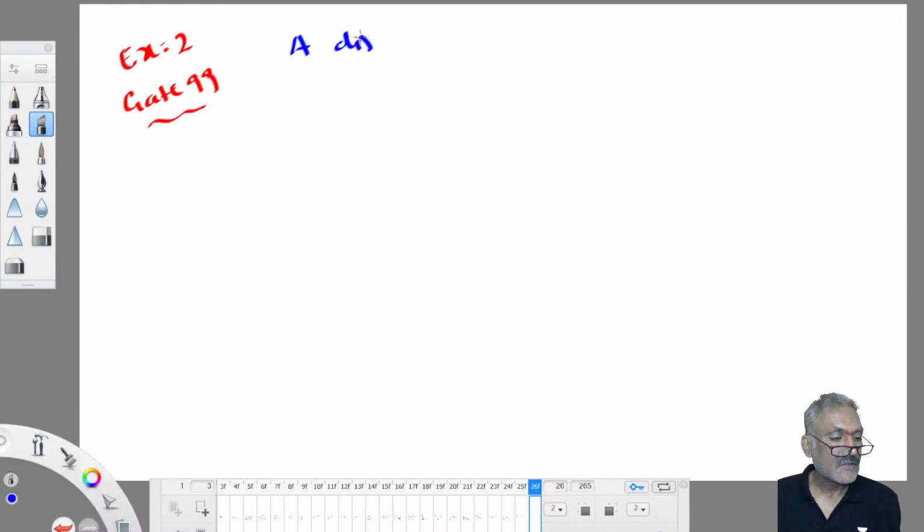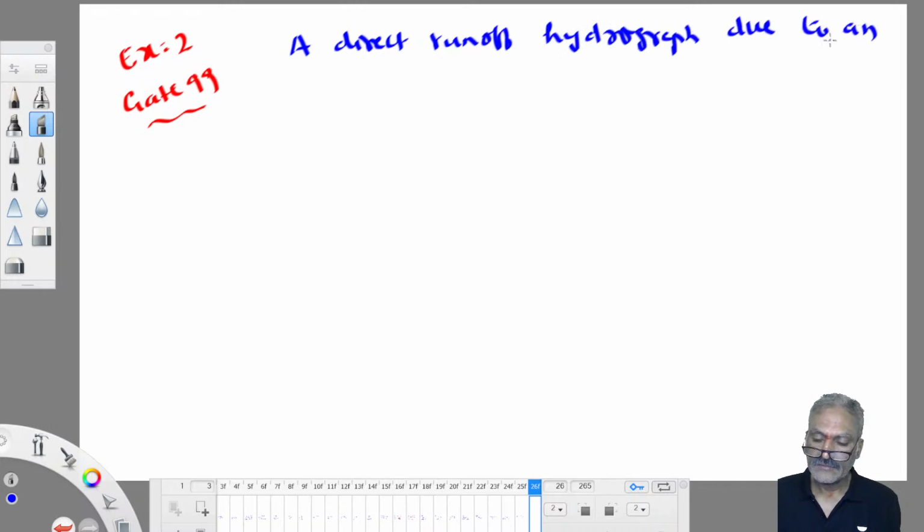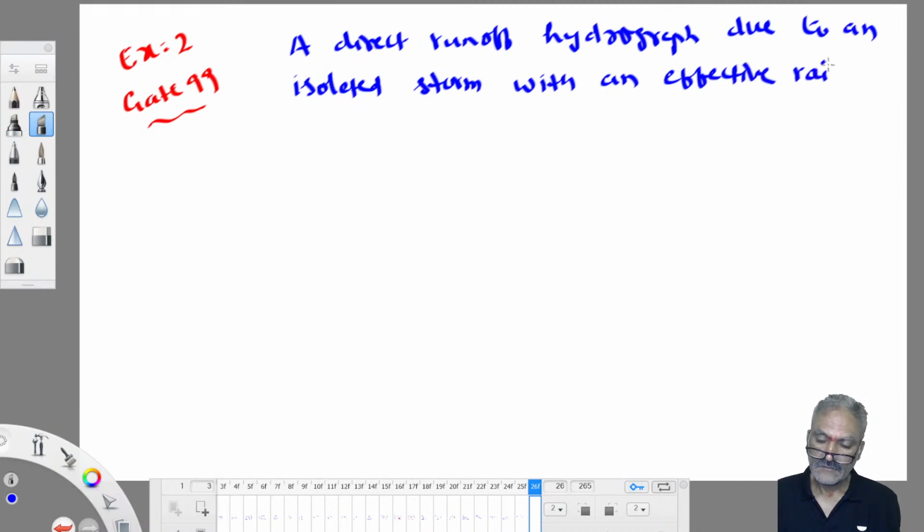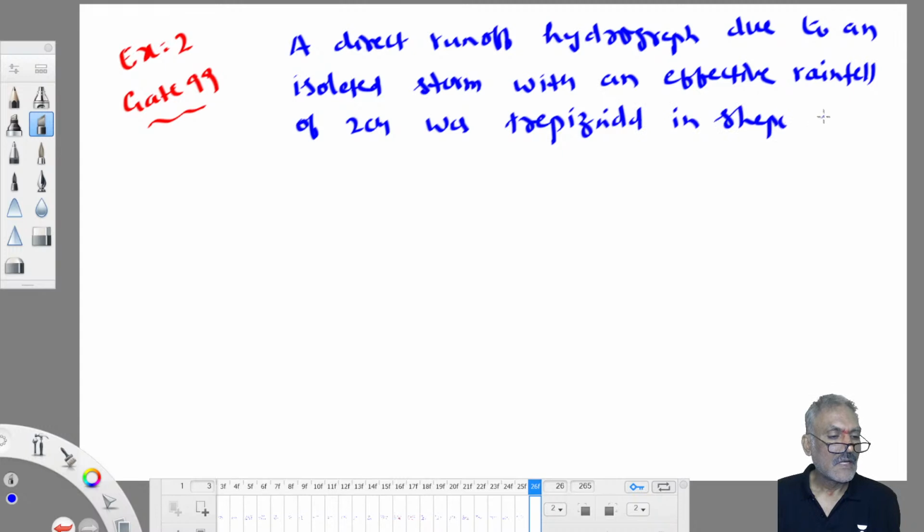A direct runoff hydrograph due to an isolated storm, with an effective rainfall of 2 centimeters, was trapezoidal in shape as shown in the figure.